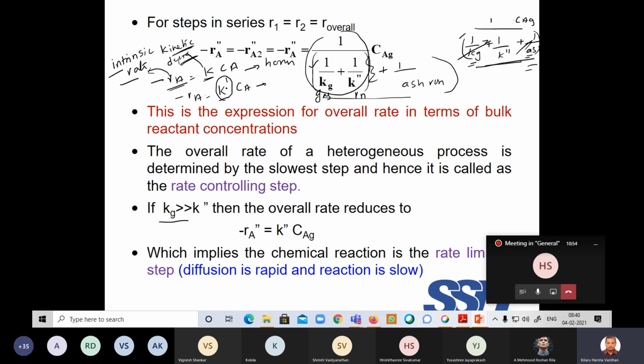But the rate you get from here is called the global rate or observed rate, otherwise called the overall rate.